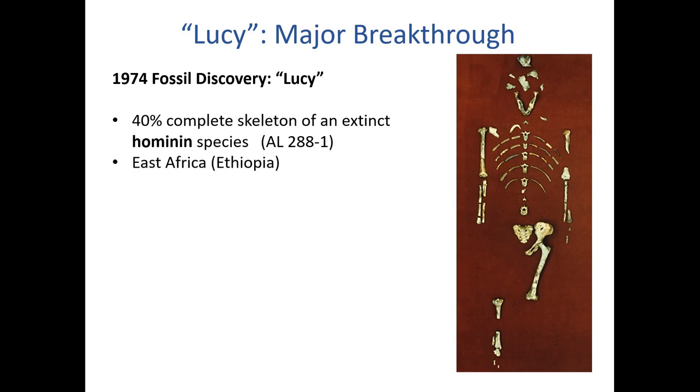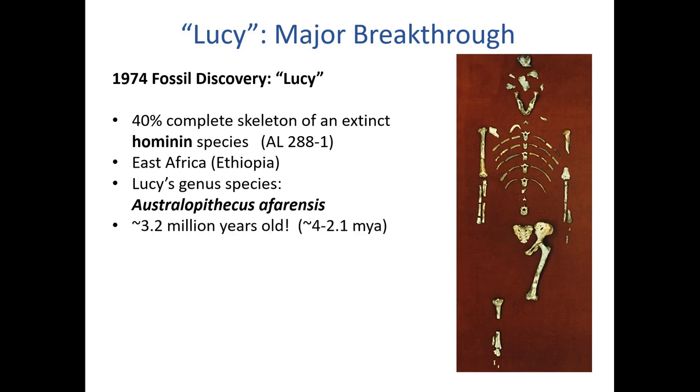So Lucy was discovered in East Africa in Ethiopia, and the genus species of Lucy is called Australopithecus afarensis. So this is one of the early species, basically thought to be after the divide of the last common ancestors between humans and great apes. And so Lucy's fossil, it turns out, is about 3.2 million years old.